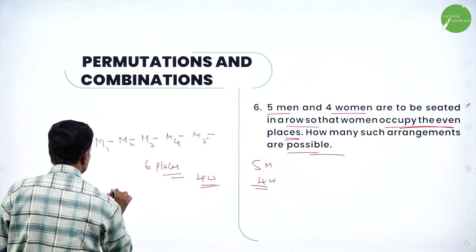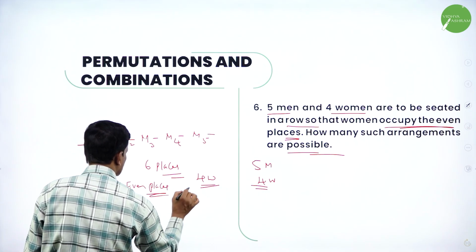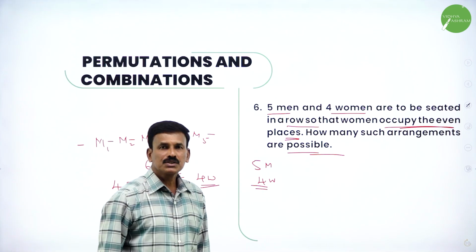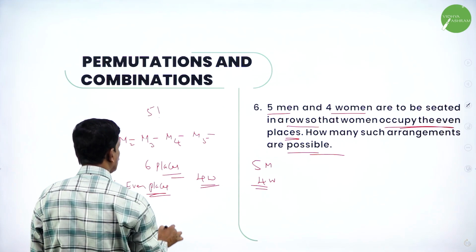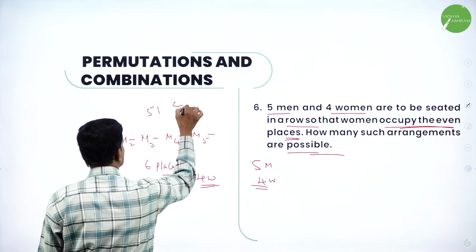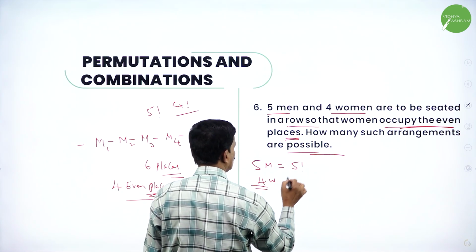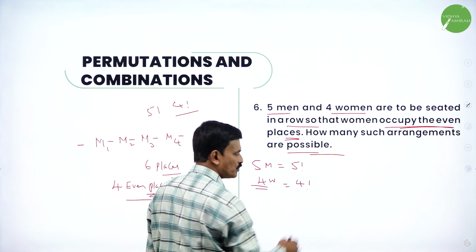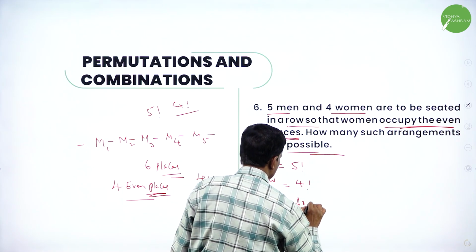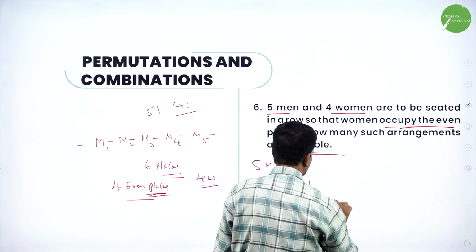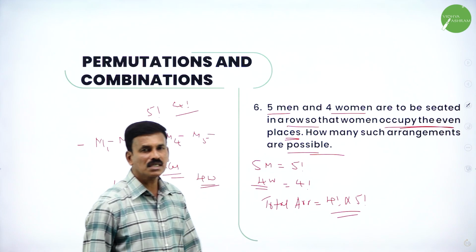There are 4 even places. So men can be arranged in 5 factorial ways and women can be arranged in 4 factorial ways. So therefore the total arrangement is equal to 4 factorial into 5 factorial. That's it. This is the required answer.